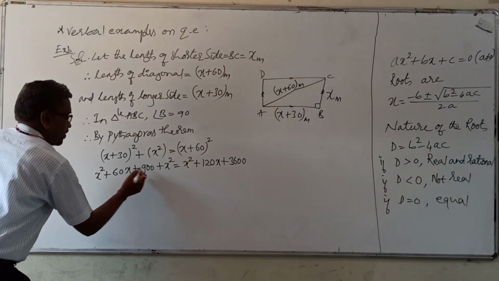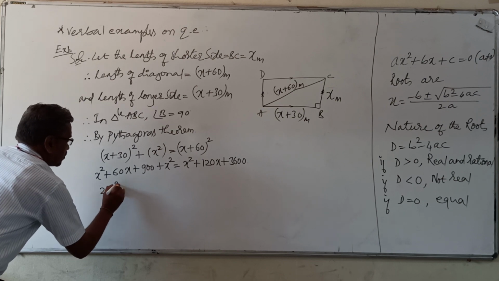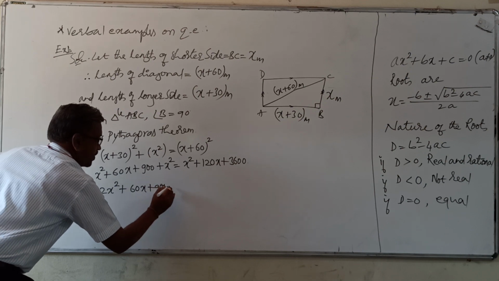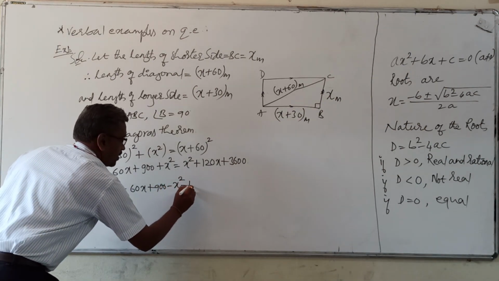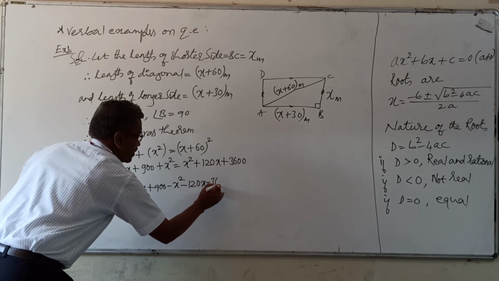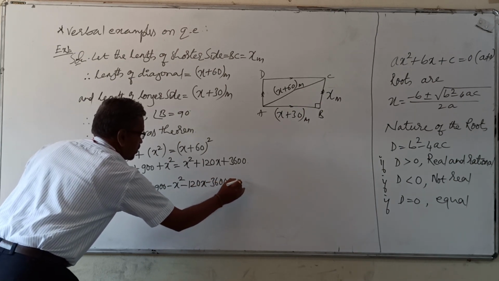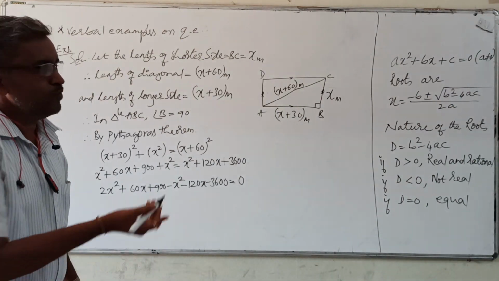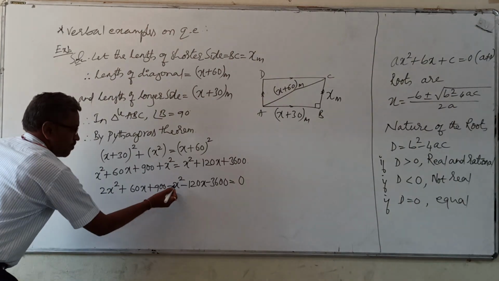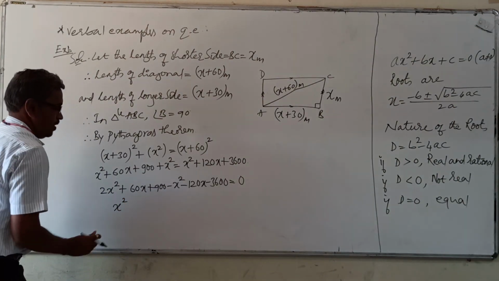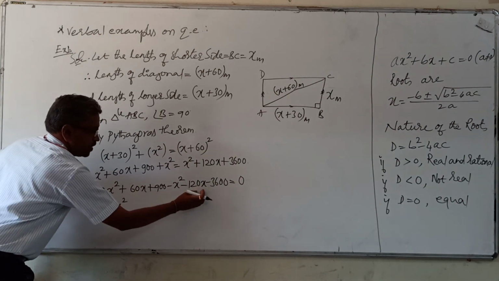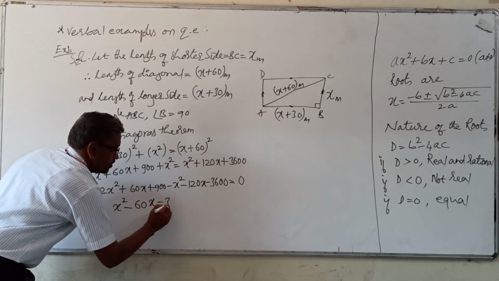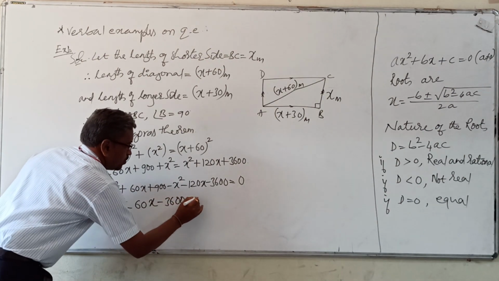So now x square plus x square is 2x square plus 60x plus 900 minus x square minus 120x minus 3600 equal to 0. So what we are doing now is bringing that into the standard form. So 2x square minus x square is x square, 60x minus 120x is minus 60x, minus 3600 equal to 0.